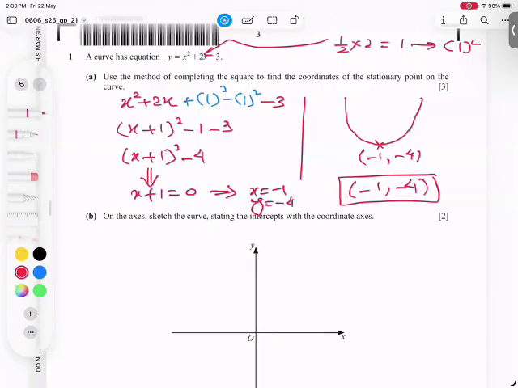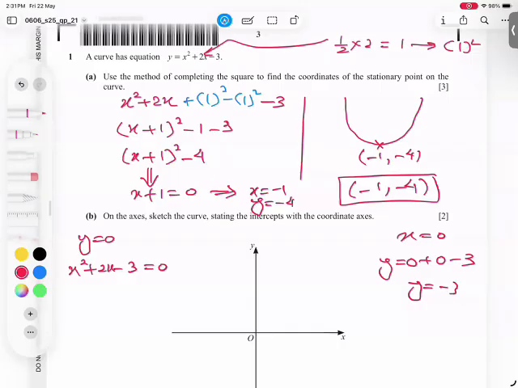Okay, now he's asking us to sketch the curve and state the coordinates on the axes. So one time I'll plug in y equals 0 and one time plug in x equals 0. When I plug in y equals 0, I get x squared plus 2x minus 3 equals 0. And with x equals 0, y equals 0 squared plus 0 minus 3, so I got -3.